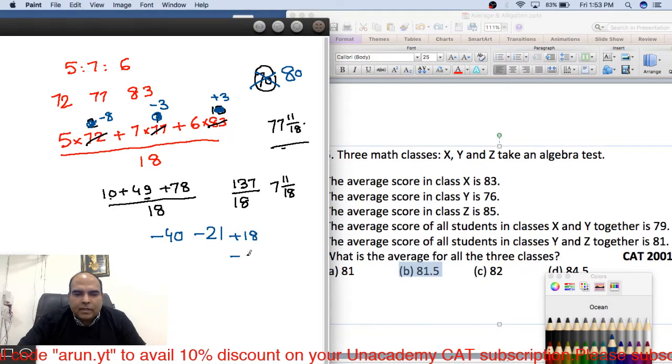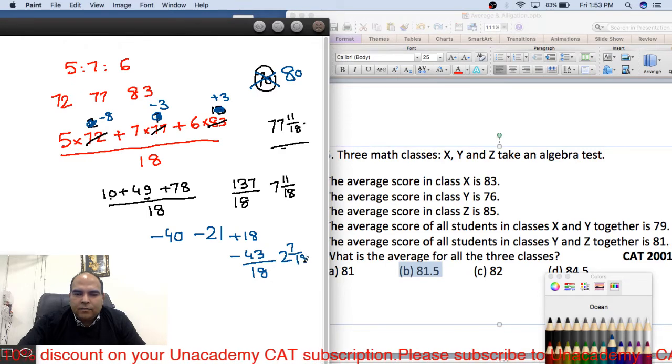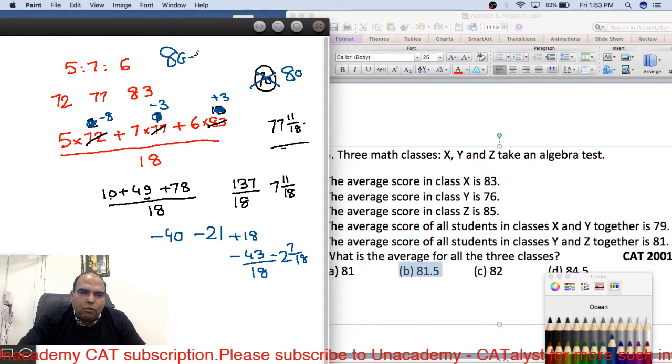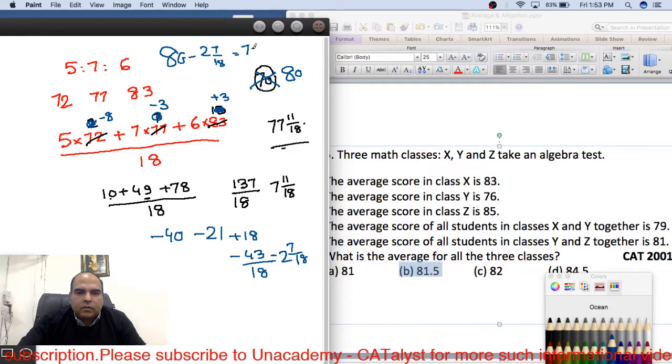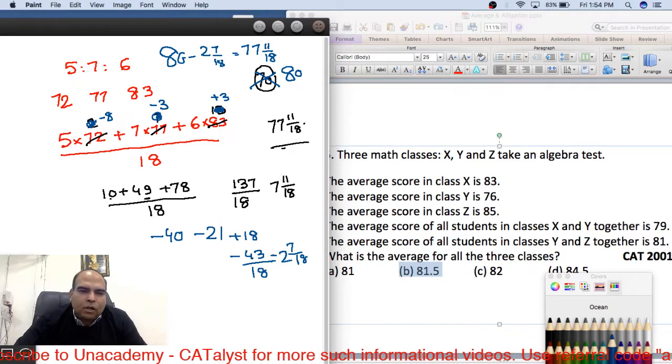So minus 43 upon 18 is 7 by 18. So if you subtract, and this is minus, so from 80, if you subtract 7 by 18, you will get the same answer, 77 and 11 by 18.